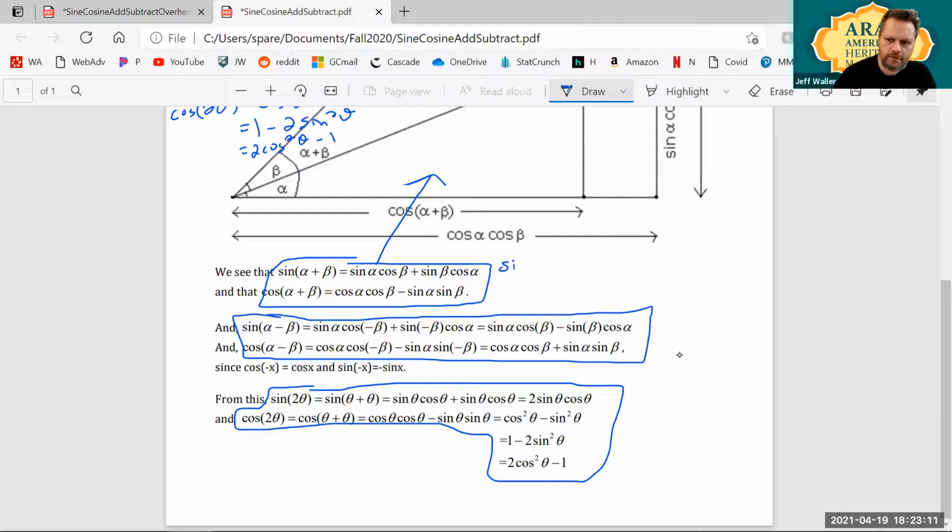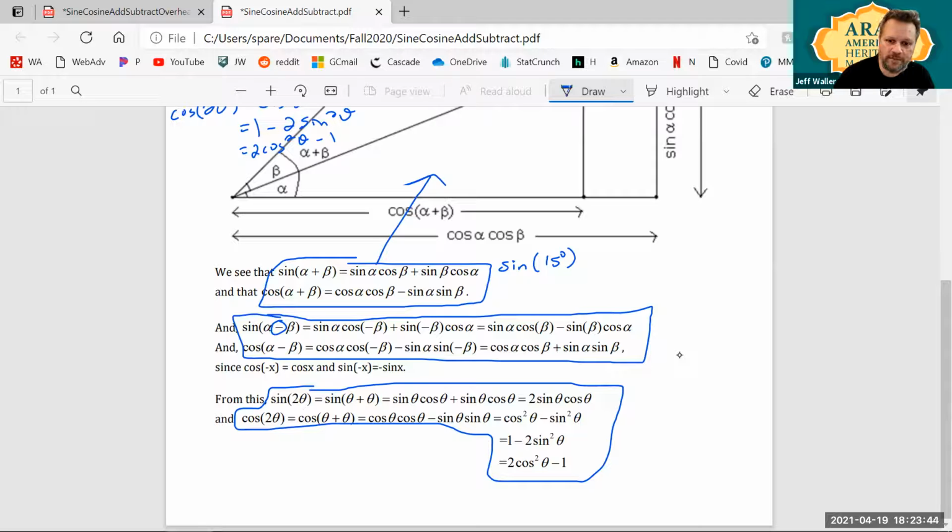But is 15 degrees the difference between two angles that we know sine and cosine of? Give me two angles we know, or several angles that we know the trig values for. 0, 45 and 30. 45, 30. There you go. 45 minus 30. We could have used 60 minus 45, right? But 45 minus 30 is beautiful.